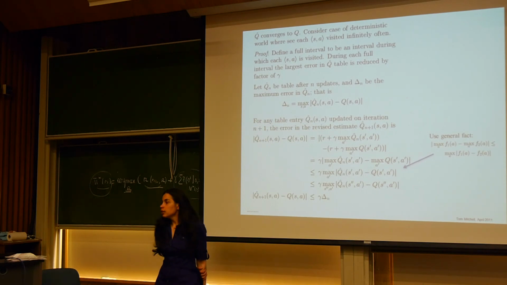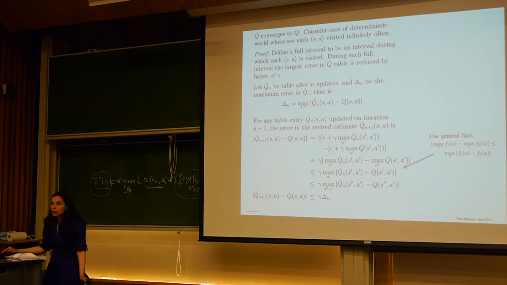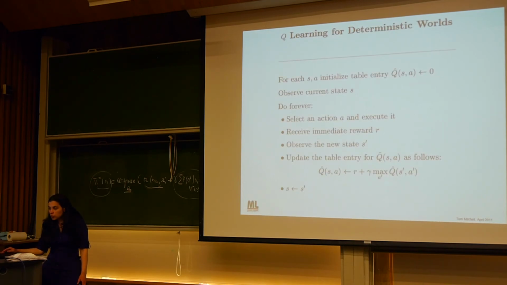And once you have the right Q values, that's great, because you know how to act. The cool fact is that to implement this algorithm for learning the Q values, you do not need to know the probabilistic transition function. You only need to act in your environment.